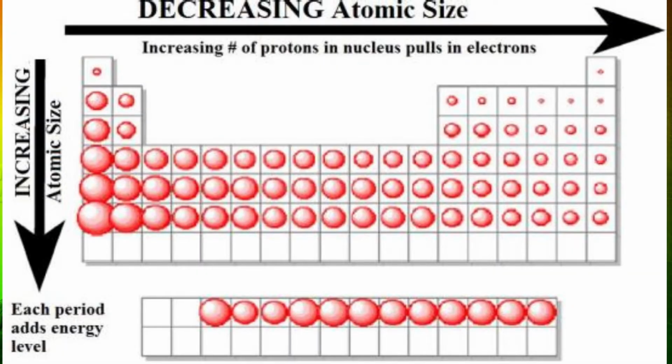The smaller the size of an atom, the more will be its electronegativity. Why? It is simple. Because if an atom is small, then the electron will be nearer to the nucleus and it will be attracted to it with a larger force. So it will have a higher value of electronegativity.